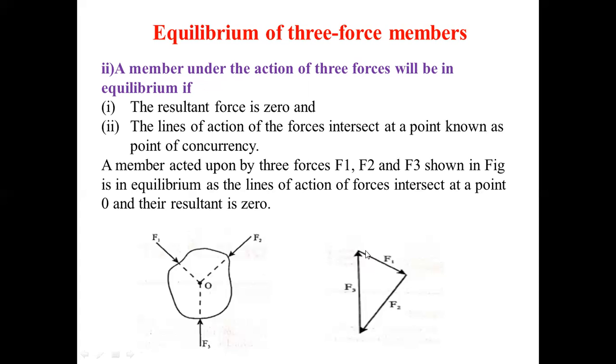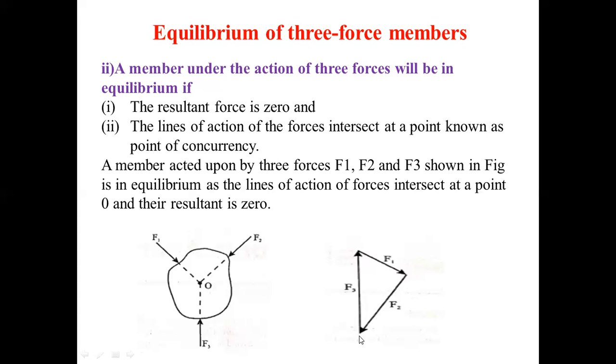By taking 200 to the scale, we draw this length, a vector length, in the same direction as F1, and you construct F1. And F2 also, take the same direction as F2. Once again, you extend till it touches the starting point of the first vector F3.